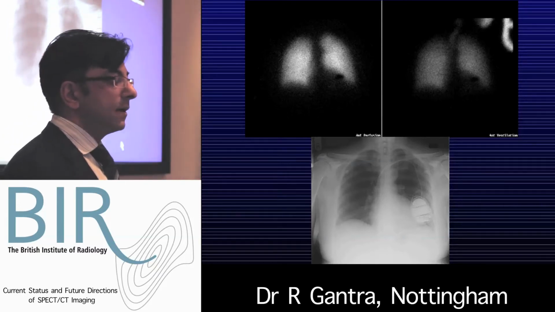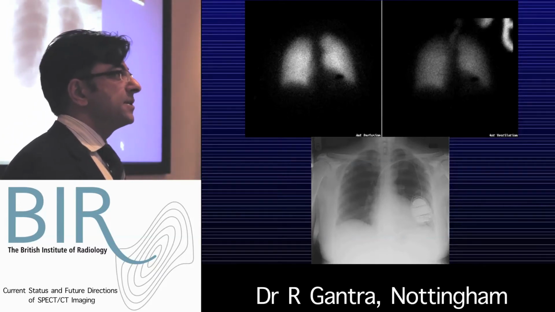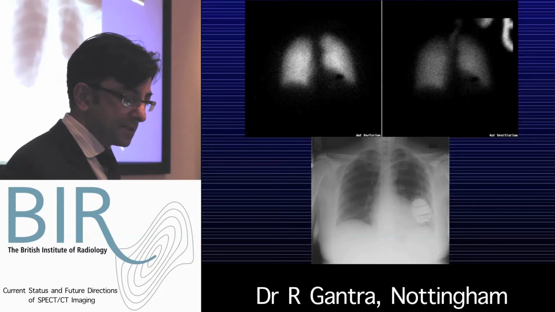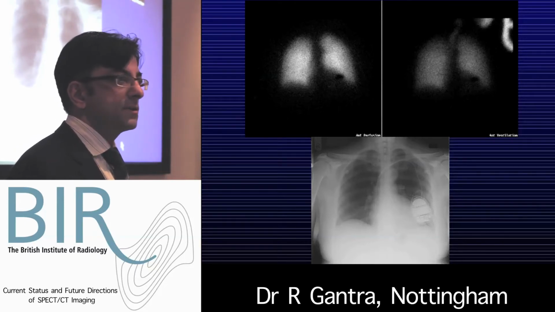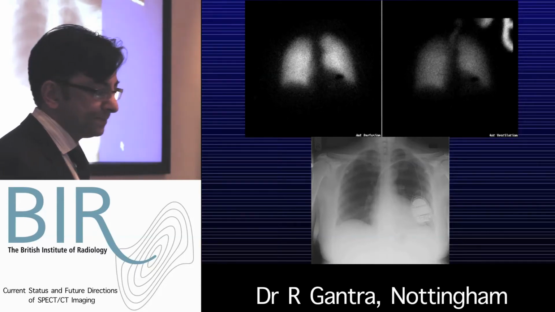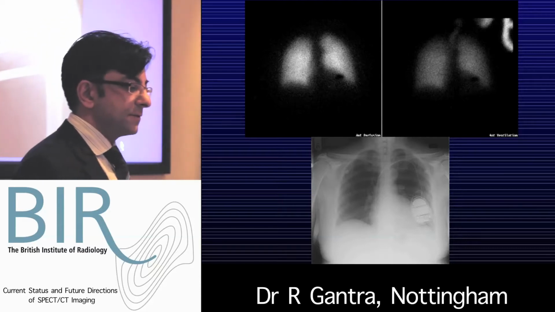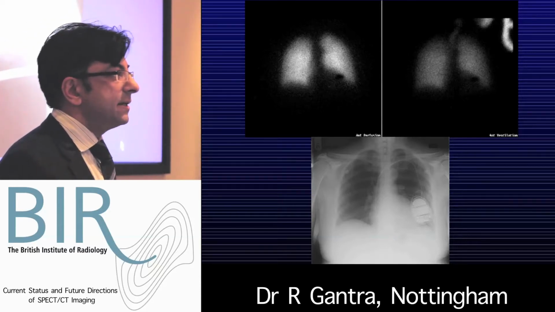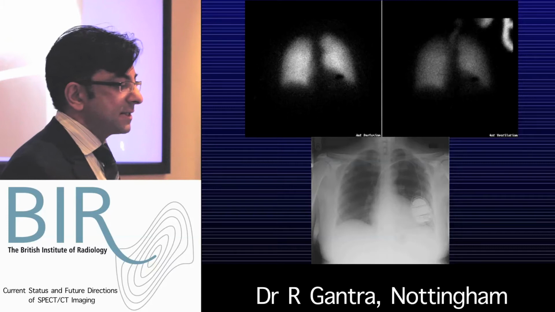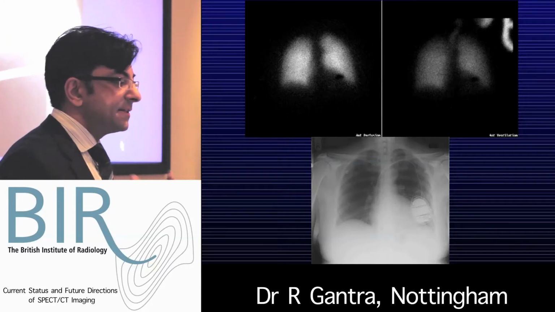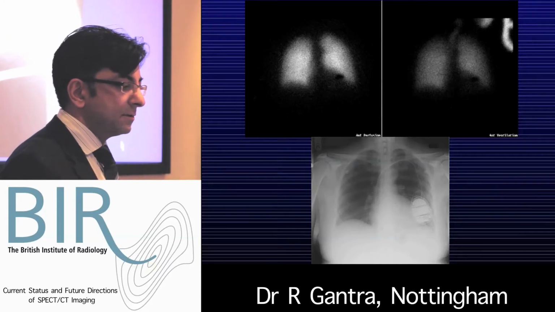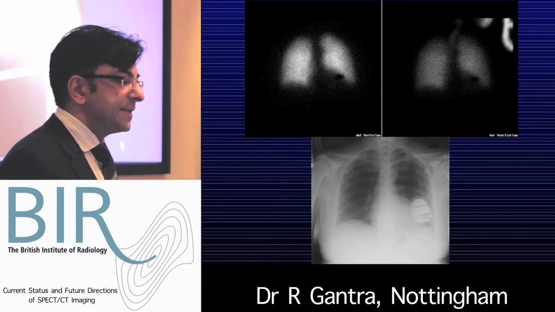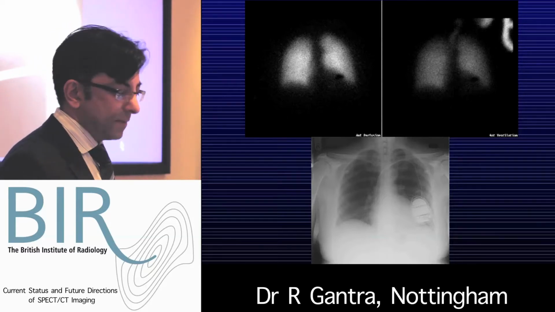And we look at a VQ scan in combination with a chest X-ray all the time. This is something we do where we try and fuse our structural and functional data sets. And similarly for bone scans, we like to see the structural abnormality. It's just that sort of harder bit of data set, and if the functional and structural abnormalities coincide, we're much more confident about what we're seeing.